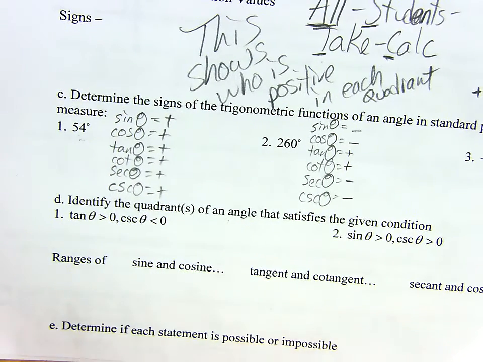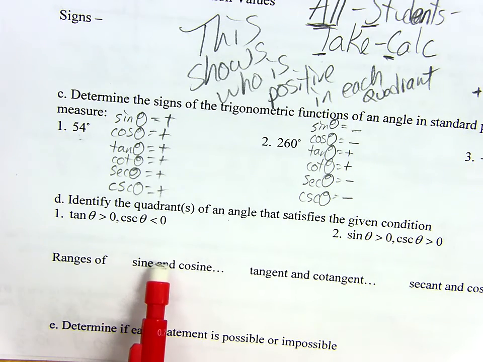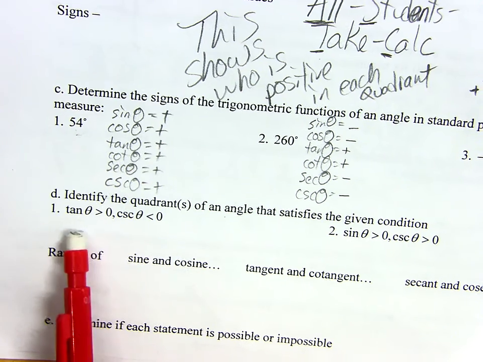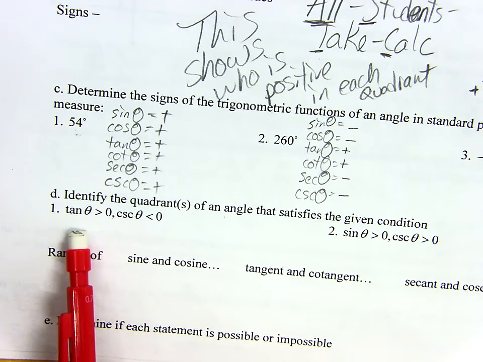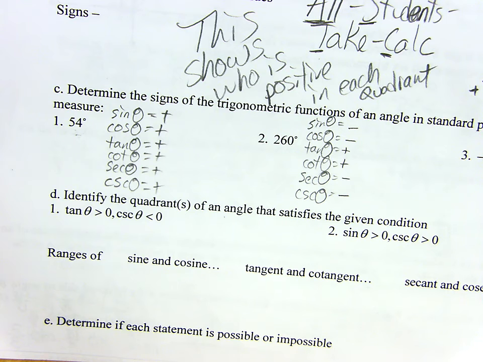D is now asking you to say what quadrant has this condition. So who has a positive tangent but a negative cosecant? Look back at your stuff.